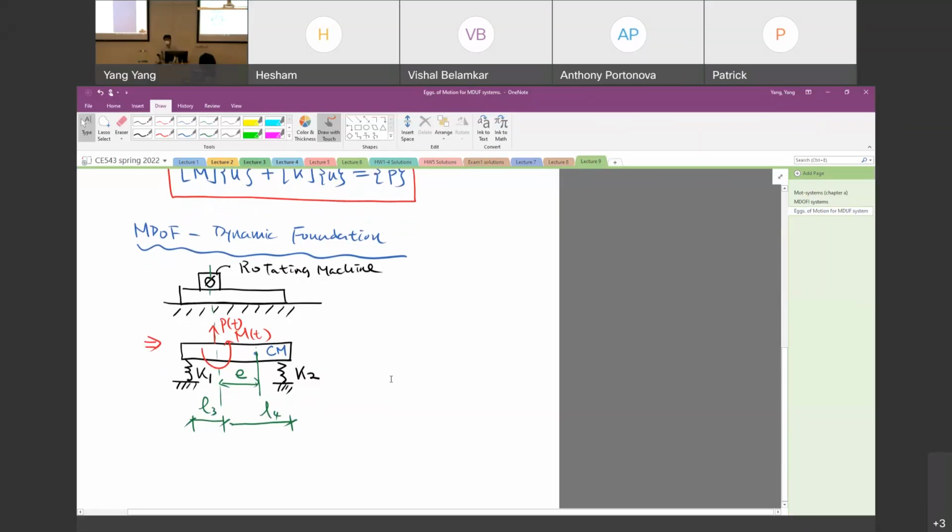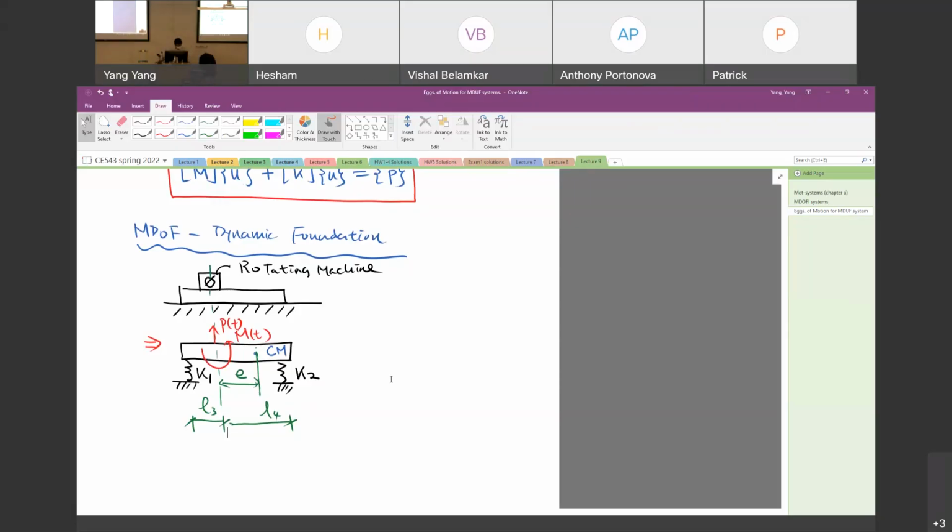So this is the case where we have only one mass, but we need to consider 2 degrees of freedom here, because we need to consider the vertical movement of the foundation as well as the rotation of the foundation.